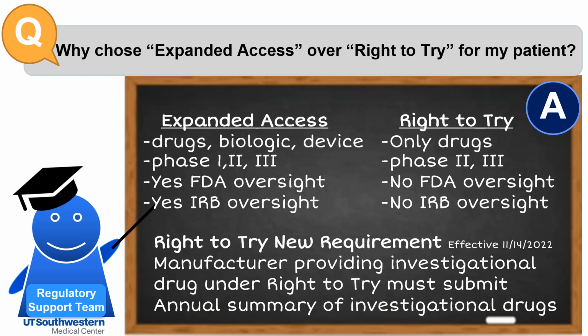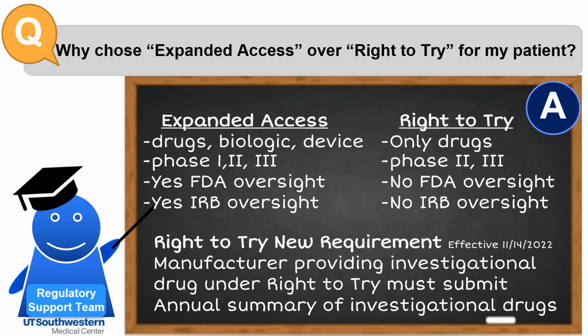One big one is that right to try is only for drugs and does not apply to phase 1 drugs, so there's no access to early products. There is no FDA or IRB oversight. As long as the manufacturer agrees to provide the investigational drug, the treating physician does not need to contact the FDA or IRB under right to try. So these are important considerations to think about.